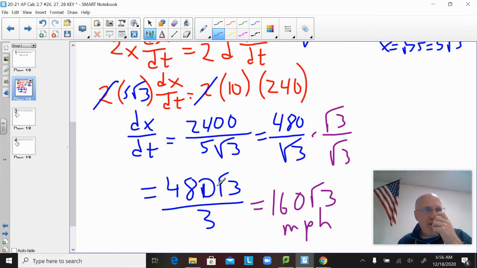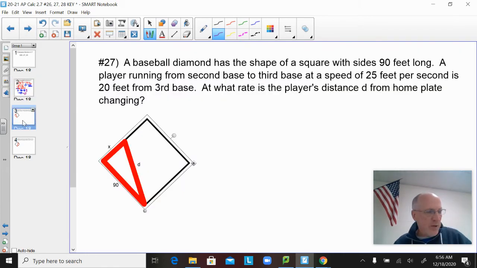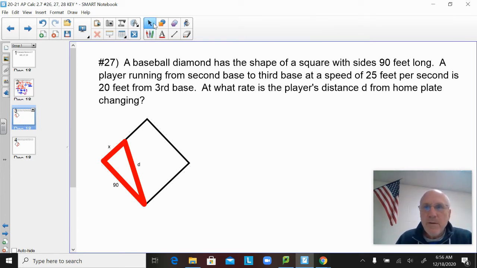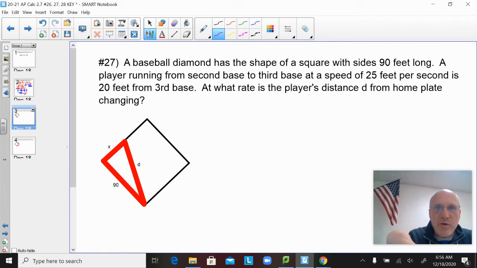All right, 27 and 28 both have to do with a baseball diamond. And if you don't know what a baseball diamond is, it tells you. It says the baseball diamond has the shape of a square with sides 90 feet long. A player is running from second base to third base, so this person is running kind of in, here's the dude right here. He's running this way.